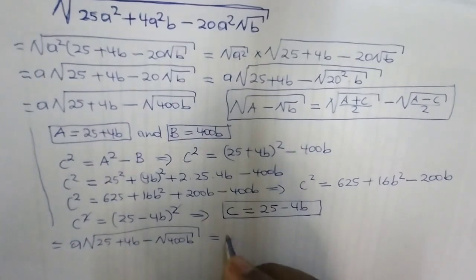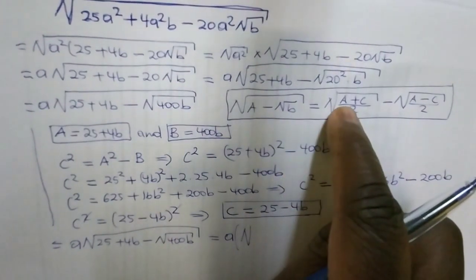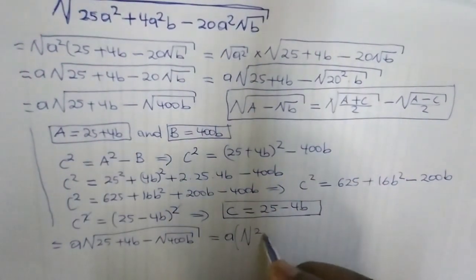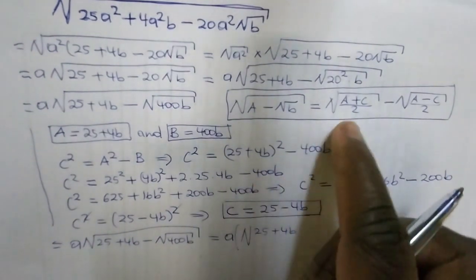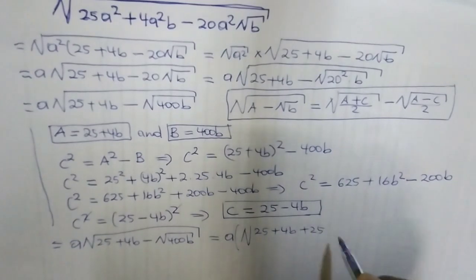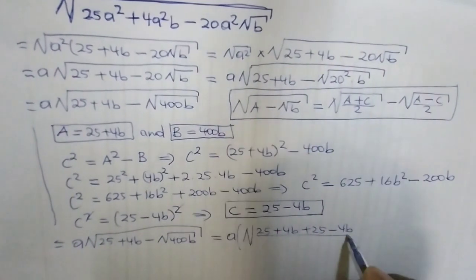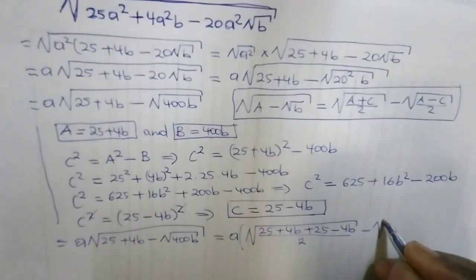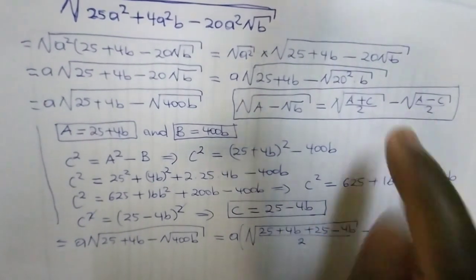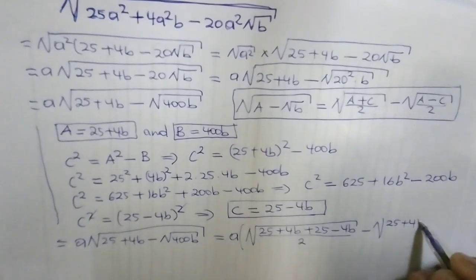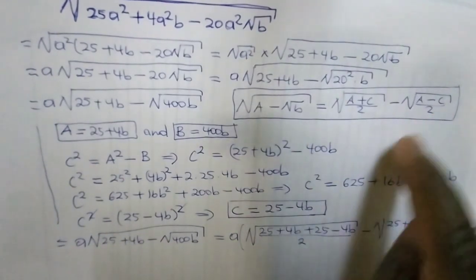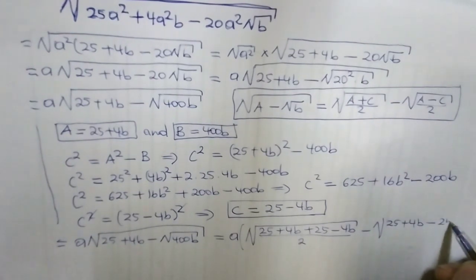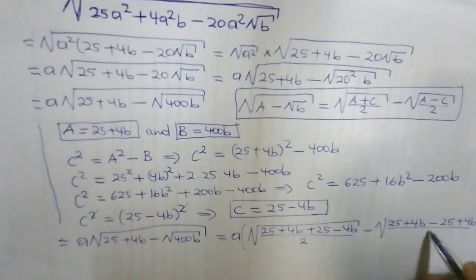This will be written as a factor of square root of a, our a being 25 plus 4b, then plus c, our c being equal to 25 minus 4b, everything all over 2, then minus square root of our a, and a is 25 plus 4b, then minus our c, and c is 25 minus 4b, all over 2.